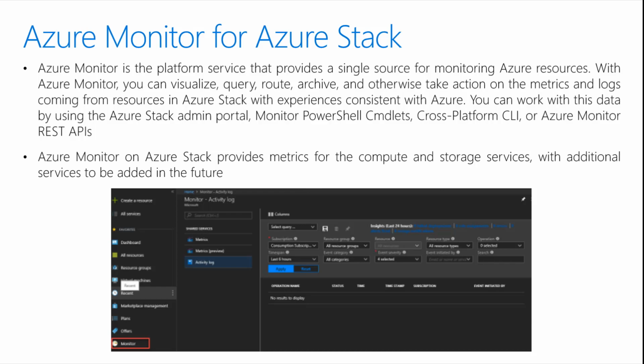And then you can work with this data by using Azure Stack Admin Portal and all the other various flavors of access that we've talked about, from PowerShell, CLI, and the REST APIs, which are very powerful. Azure Monitor on Azure Stack provides metrics for the compute and storage services, with additional services to be added in the future.